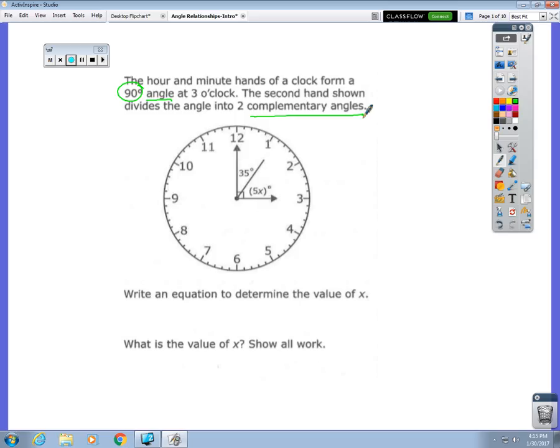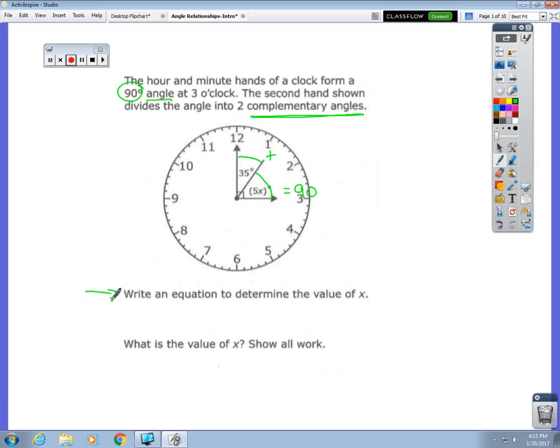So if you look right here, we've got this right angle, and it's being divided by this line, which means that this angle right here plus this angle right here is going to equal 90 degrees because they are complementary angles.